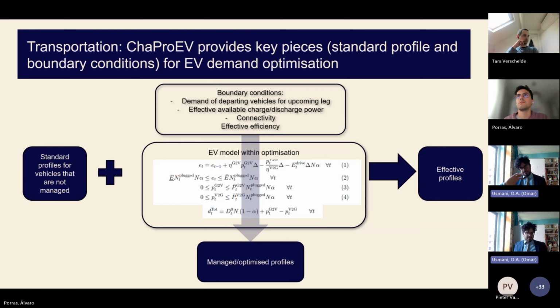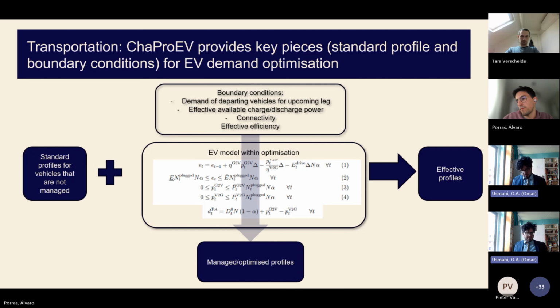The other part is you provide boundary conditions if you want to manage that charging. Say you are an operator and you say, well, I'll provide you charging based on the status of the network, my costs, or anything else. For that, you need to put boundary conditions, restrictions, so that those are satisfied. Essentially, it's the demand of the vehicle when they leave.